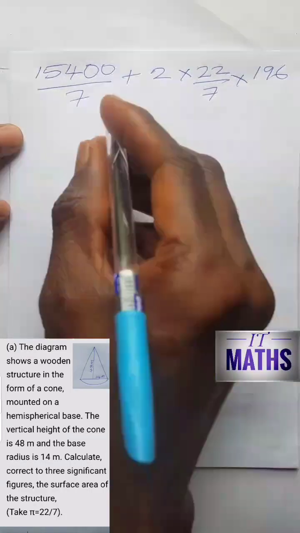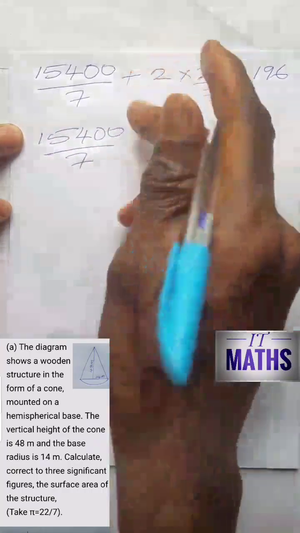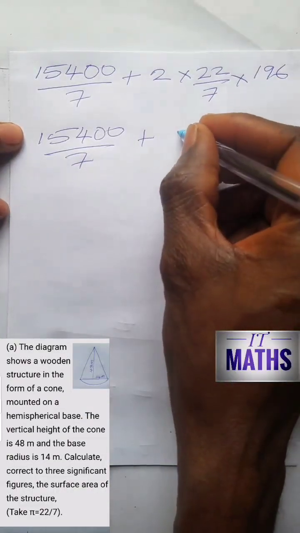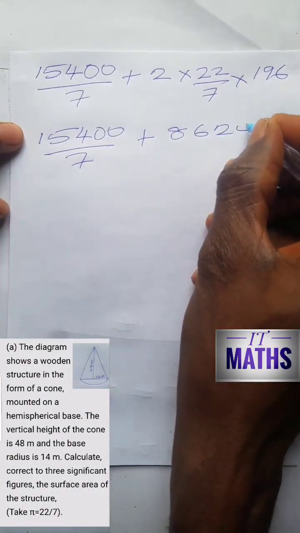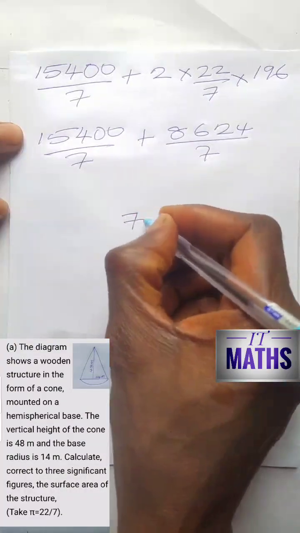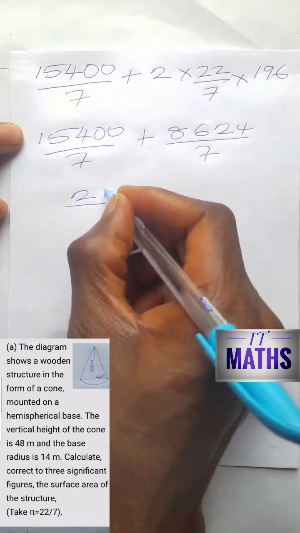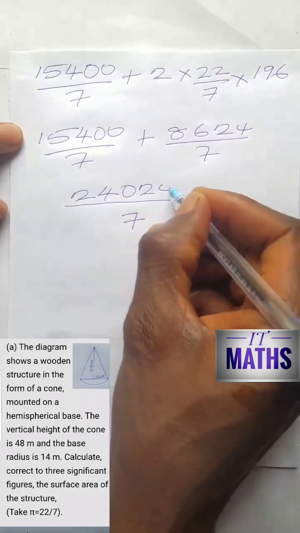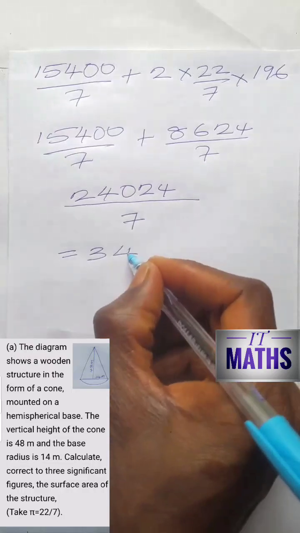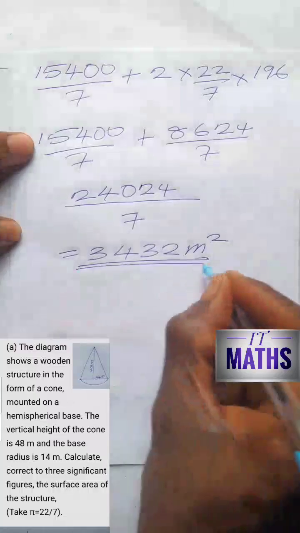So let me just copy this out. Plus 2 times 22 times 196, that is 8624/7. Notice the denominators are the same, so we can simply pick one and add the numerators. Adding that, we have 24,024. Dividing that gives us 3,432 meters squared, since it is area.